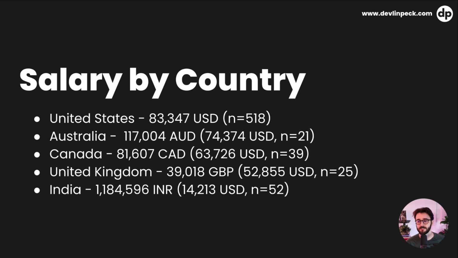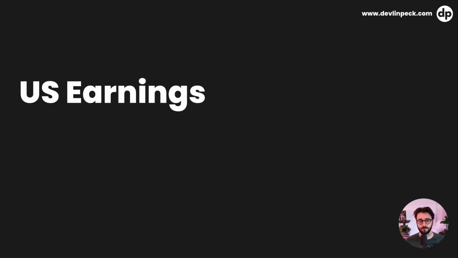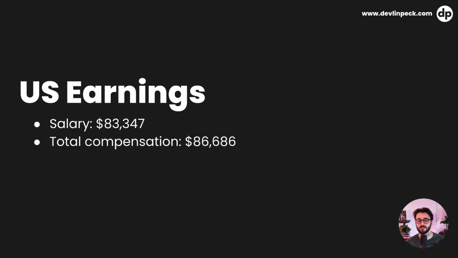And for the rest of this video, we're going to dive deeper into the US data because we don't really have enough data from these other countries to really make some strong claims when we break it down by other metrics. So again, in the US, the average full-time employee salary is around $83,000. The average total compensation is $86.6 thousand.